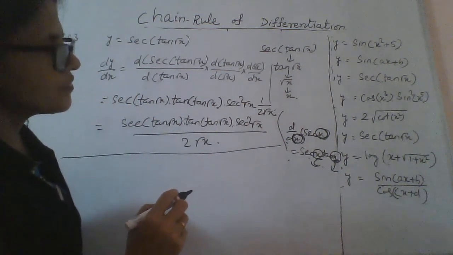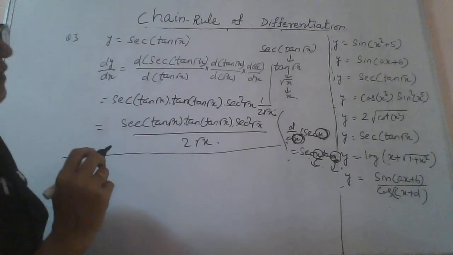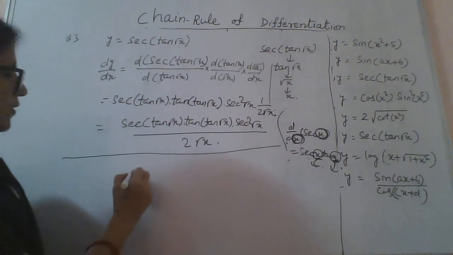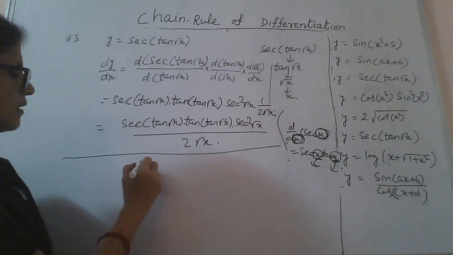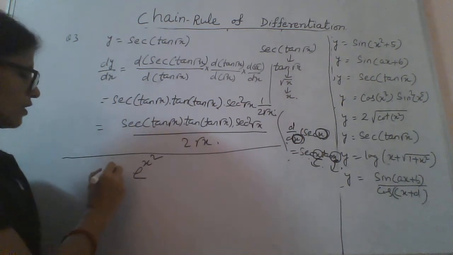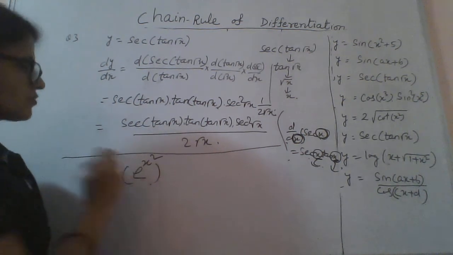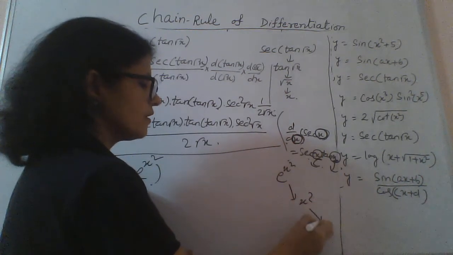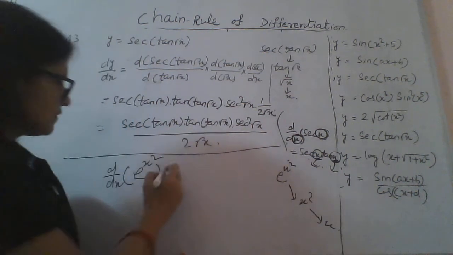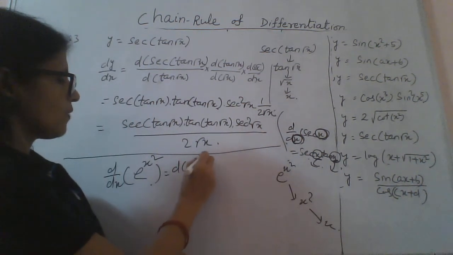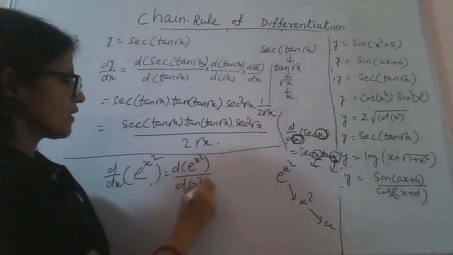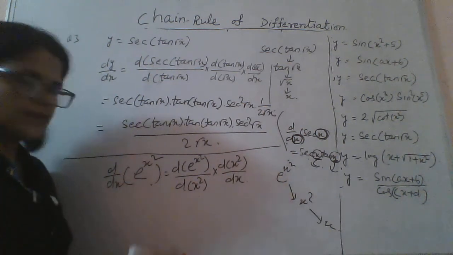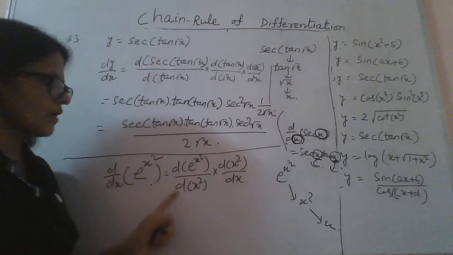Similarly, sec(tan root x) we have done. Now if it is e to the power x square, d by dx of this. Here you see e to the power x square is a function of x square, which is a function of x. So it is the derivative of e to the power x square with respect to x square, into the derivative of x square with respect to x.